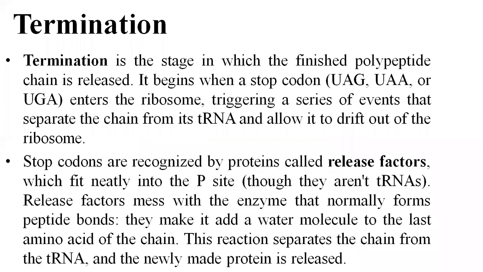Now, the last process, that is the termination process. Before starting termination, I just want to clarify one more thing over here: in the final phase of elongation, three steps simultaneously take place.